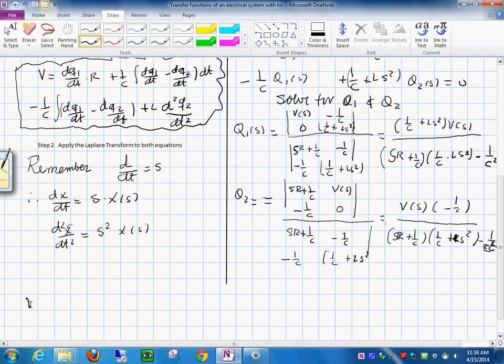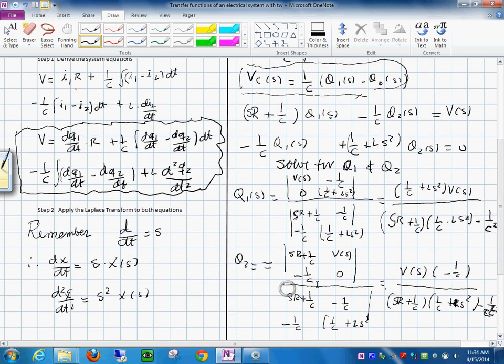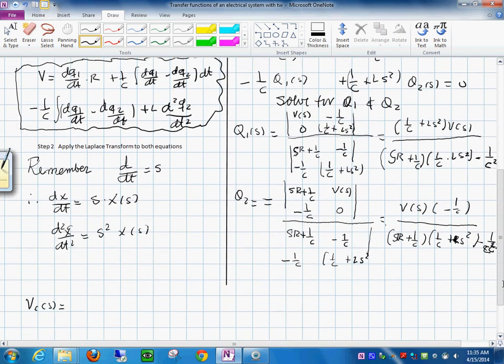In this case, V C of S is going to be equal, I'll just copy it from here, 1 over C times Q sub 1 of S minus 1 over C times Q sub 2 of S.